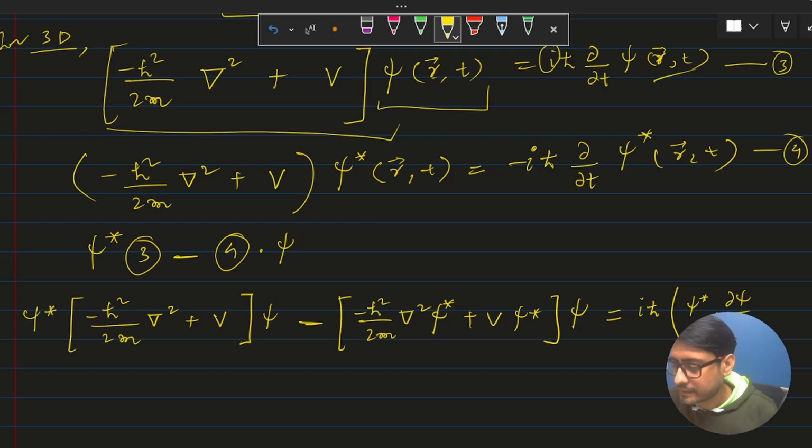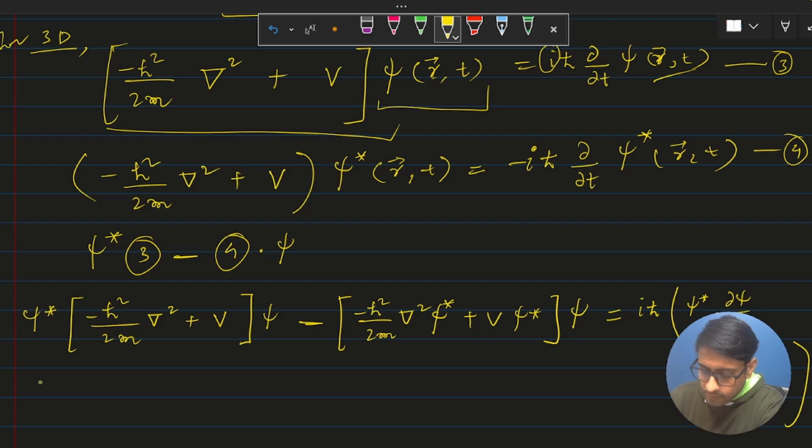So plus, we are multiplying this term from the right, so this is del psi asterisk over del t and then psi. So this is the right hand side.